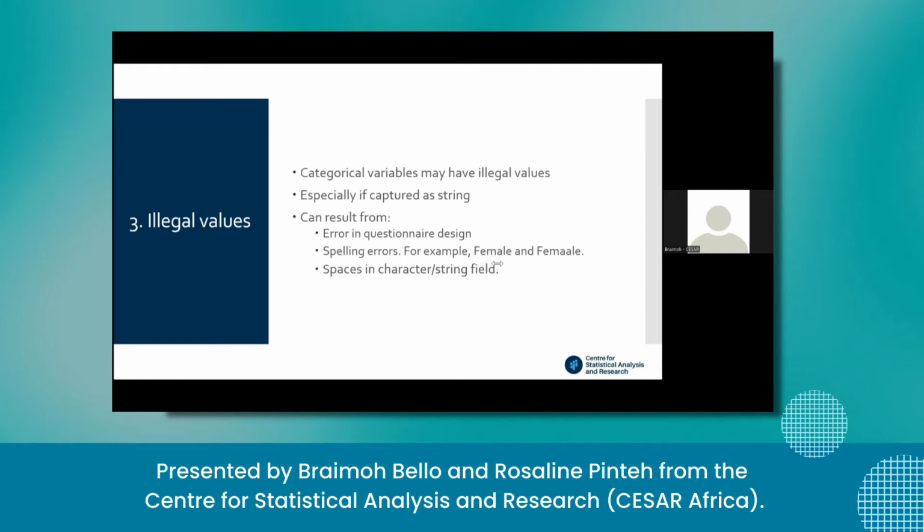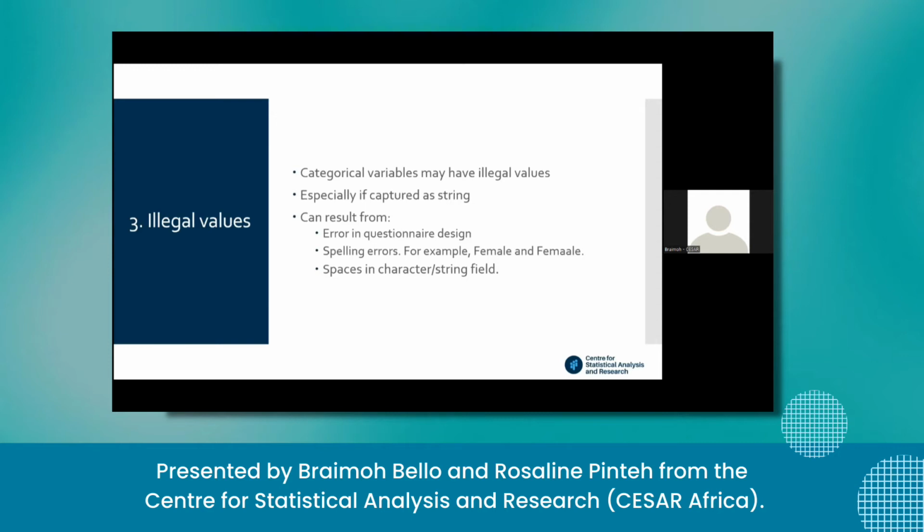Now, illegal values would happen in your data set if there's an error in questionnaire design. If the person who designed the questionnaire has put a wrong category there. But also, sometimes the person hasn't put a wrong category there. The person has made a spelling error.